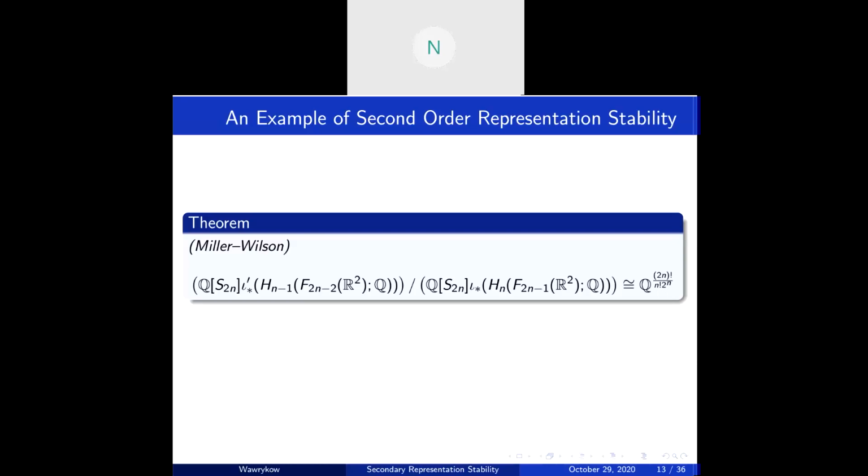Then the size of this space is going to be 2n factorial over n factorial over 2 to the n.